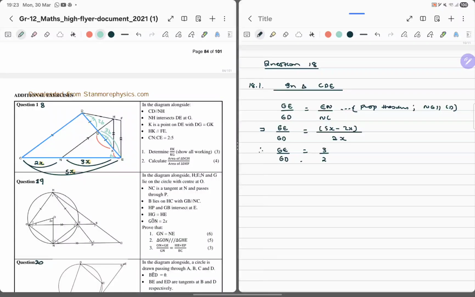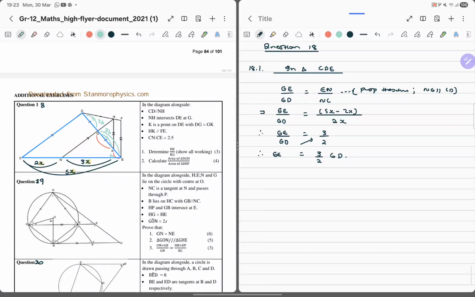Okay, so maybe let's just cross multiply this and say therefore GE is going to be, not 2/3, but 3/2 of GD. I just want to use GD as a means to an end. We can say then we know that EK over KG, or whatever, GK.